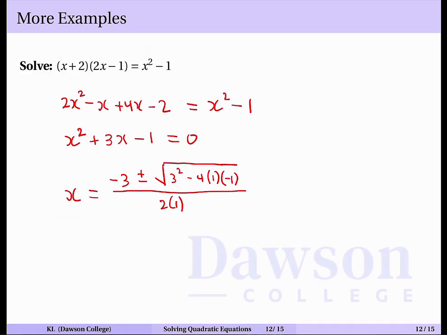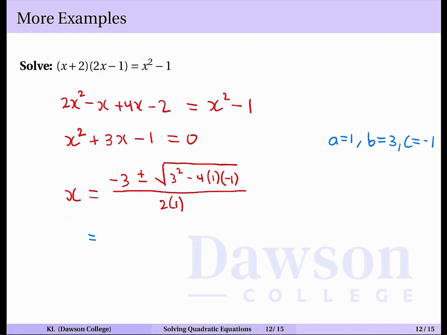So in here, you got your a equals 1, b equals 3, c equals negative 1. You don't have to write this every time, you can do that mentally. But as a guide, you can always do that, so you won't get lost.